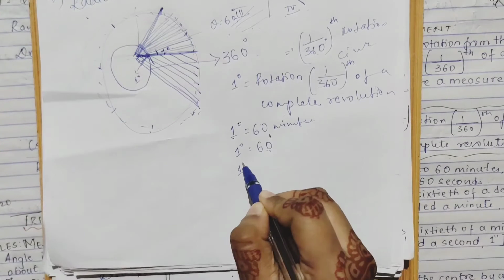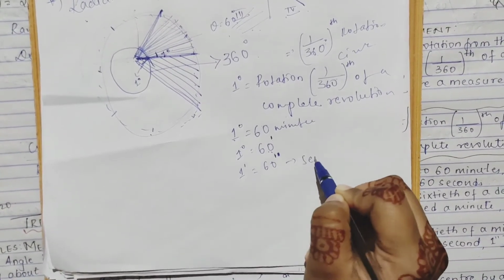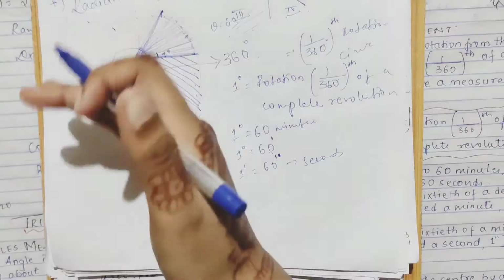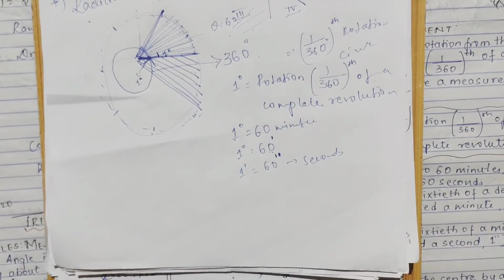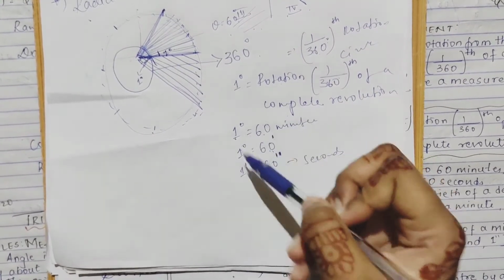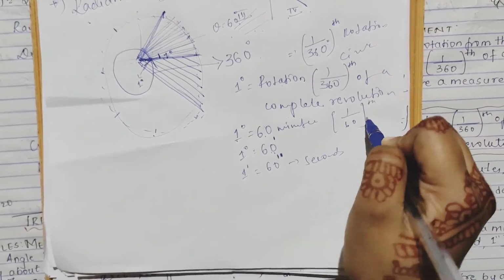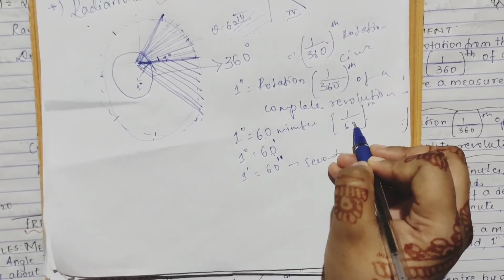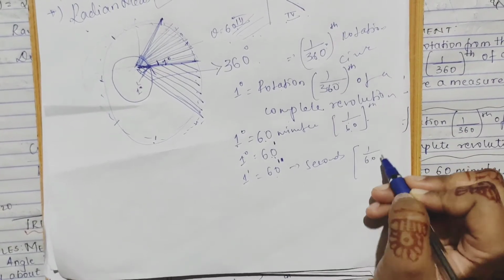Again this minute is divided into seconds, that is also 60 seconds. Like how you did rotation of 1/60th of a complete revolution, that particular degree you have taken, like 60 degrees, 30 degrees, 40 degrees. In the same way that degree again makes 1/60th of that particular amount, then again this minute makes seconds of 1/60th.